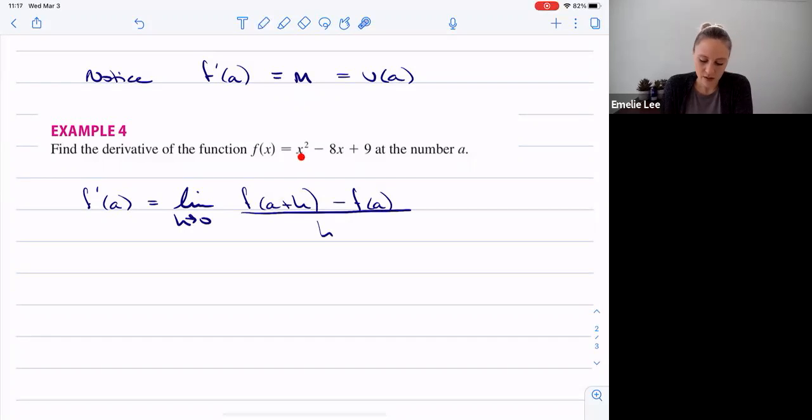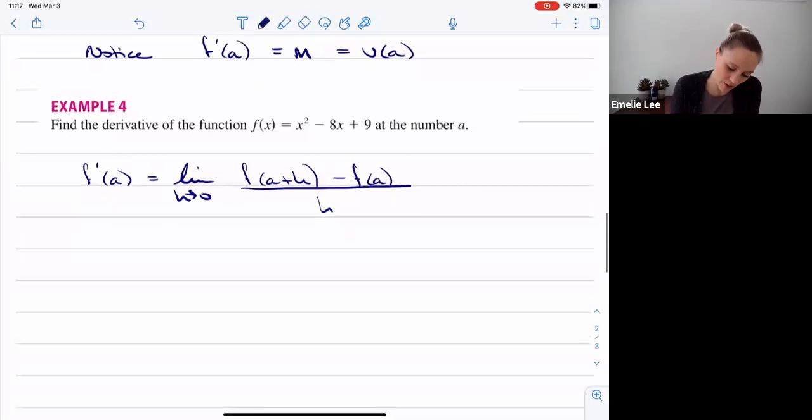So now I want to write f of a plus h, which is a plus h squared minus 8 times a plus h plus 9, and then minus f of a, which is a squared minus 8a plus 9. Right, so just keep those kind of separate. But we've worked with enough of these difference quotients that we can kind of do them on one line. But if you want to split them up, that's totally fine, and then rearrange them.